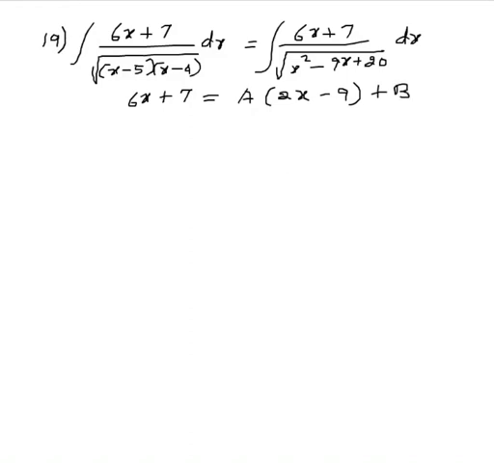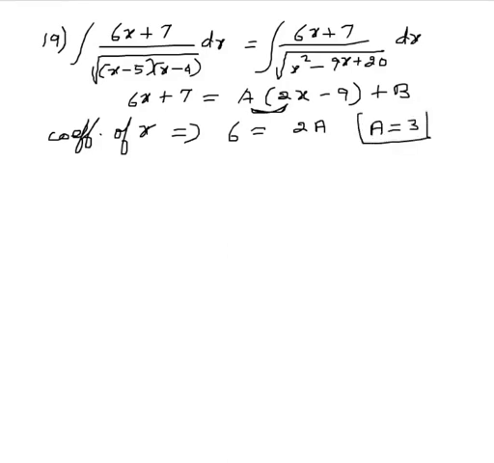Now let us find the values of a and b. We will equate the coefficients. So by equating the coefficient of x, the coefficient of x on the left hand side is 6 and on the right hand side is 2a. Therefore a value is 3.